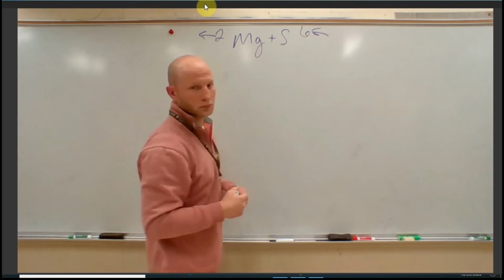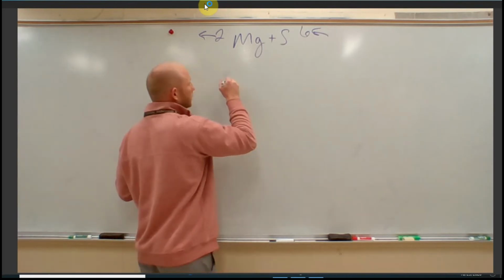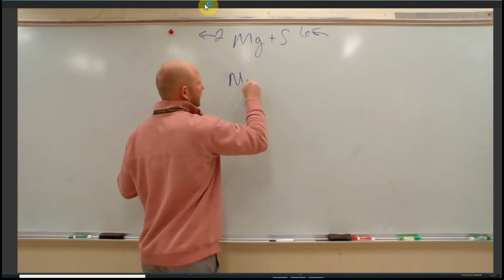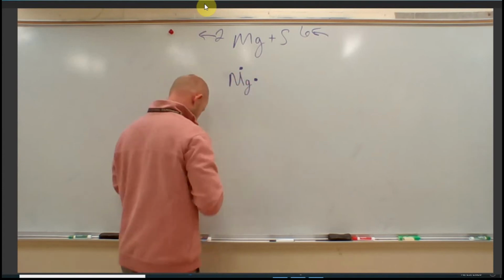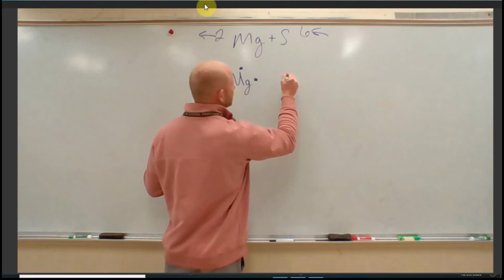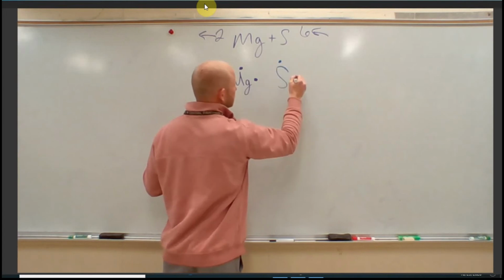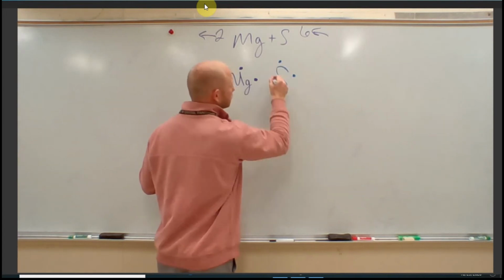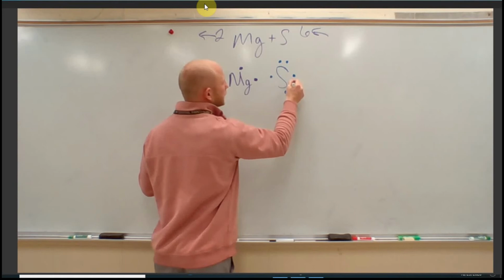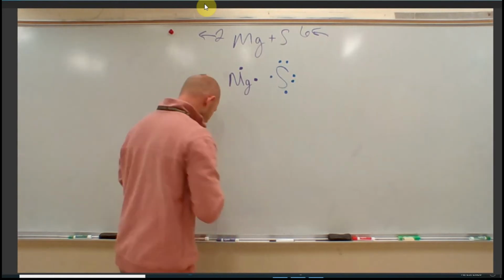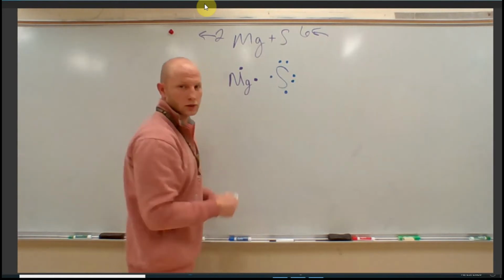So this one's fairly simple here. We have magnesium, 1, 2. We have sulfide, 1, 2, 3, 4, 5, 6. And so it's pretty simple here.